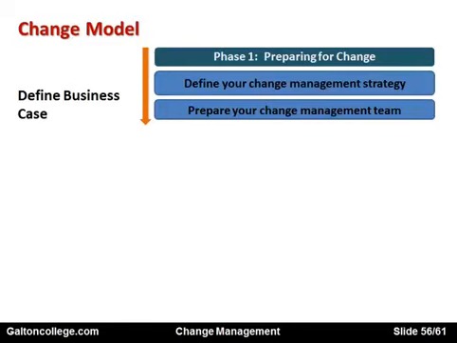So define the business case. Well, define your case for management strategy. What is the management strategy, and prepare the management team. So that's when preparing for change, that's important. What is the strategy? That must be clearly worked out. It must be clearly articulated, because that's what's going to be given to people to understand.